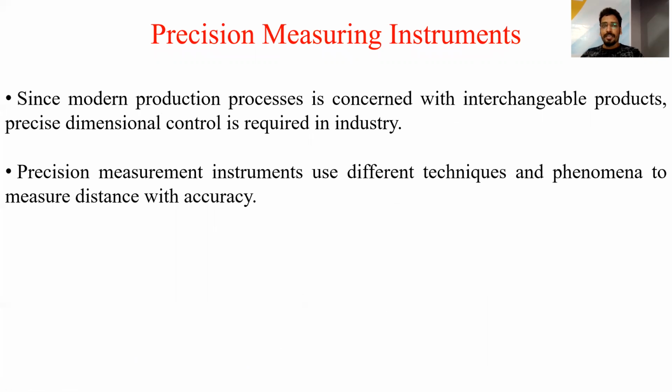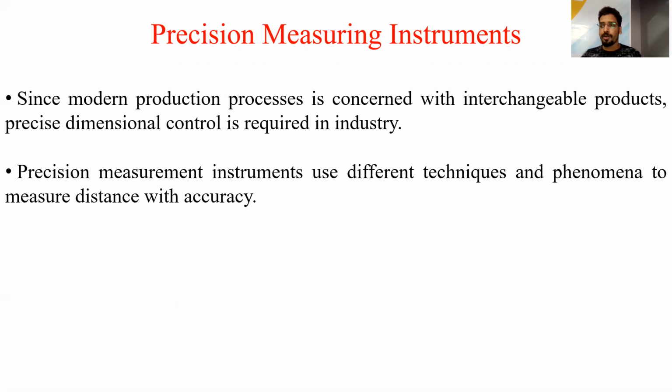The next type of instrument is the precision instrument. What type of instruments are precision instruments? Precision instruments are used in modern production processes concerned with interchangeable products, in which we have to do production on a mass scale.